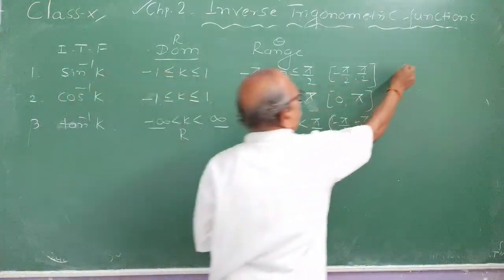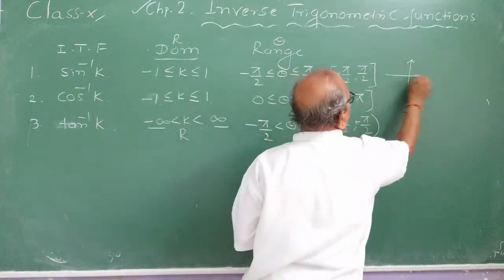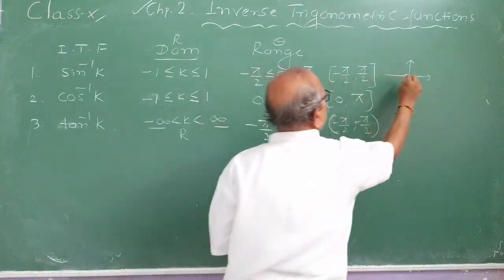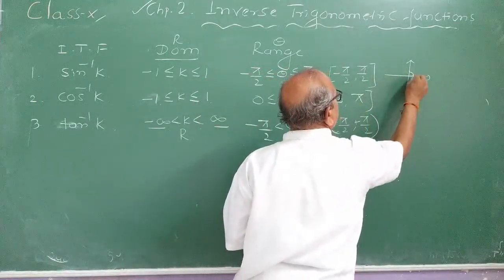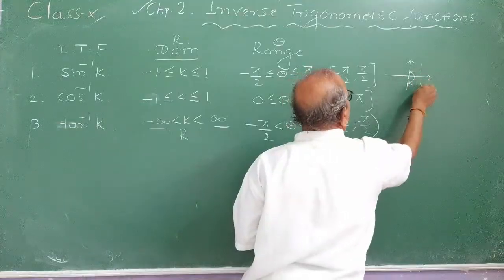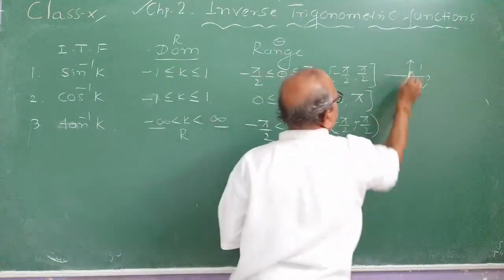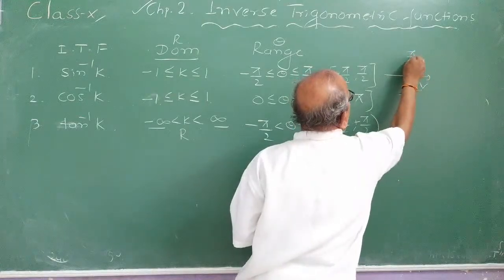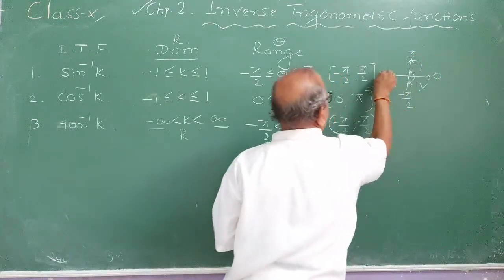You can remember this by the diagram. Don't mix up. For sine inverse, it can be in the first and fourth quadrant. This is -π/2, this is π/2, this is 0, π.